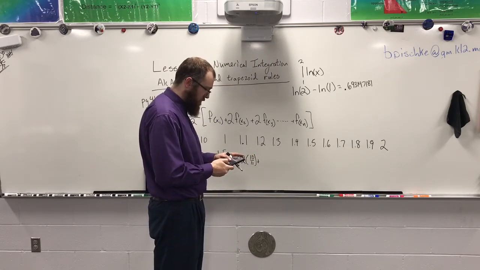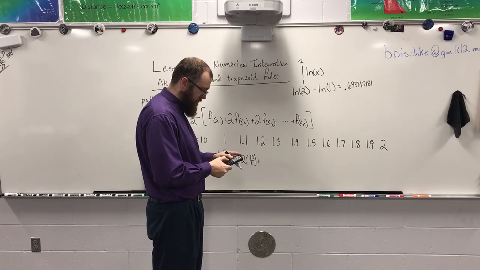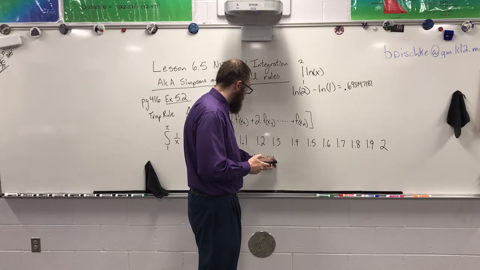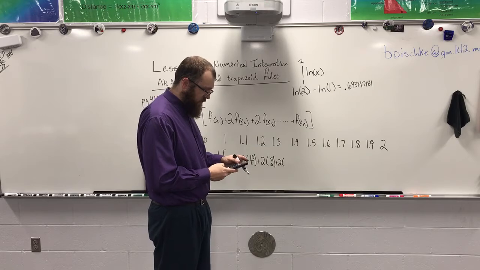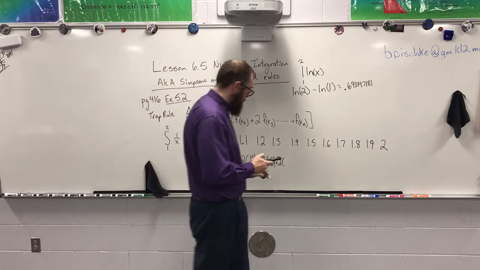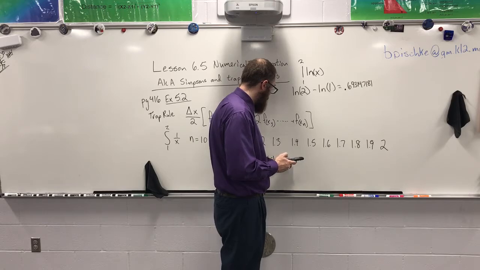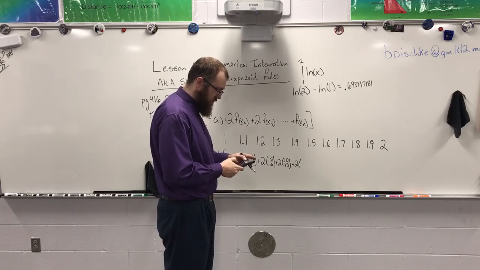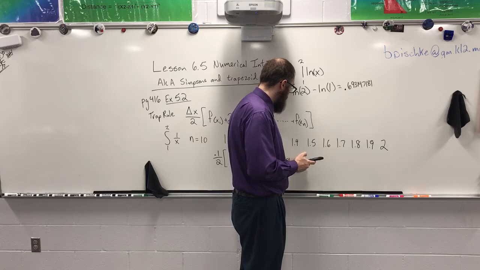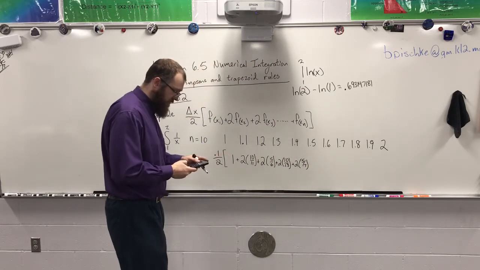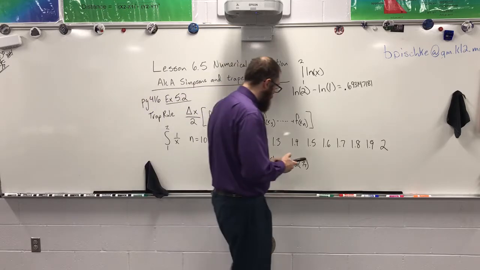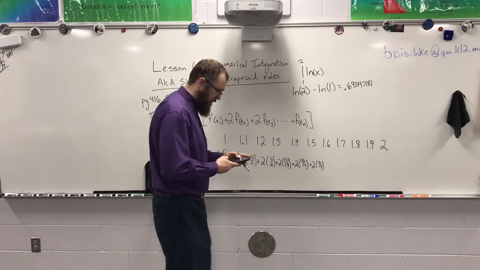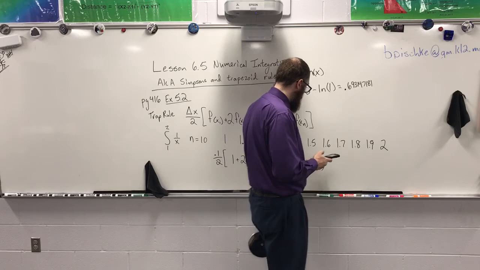And then 1 divided by 1.2, switch it to a fraction, that'll be 5/6. 1 divided by 1.3, switch it to a fraction, that's 10/13. 1 divided by 1.4, switch it to a fraction, that's 5/7. 1 divided by 1.5, switch it to a fraction, that's 2/3. 1 divided by 1.6, switch it to a fraction, that's 5/8.